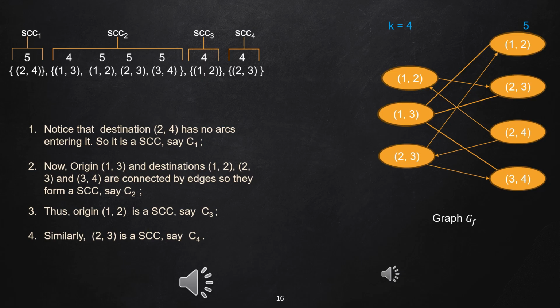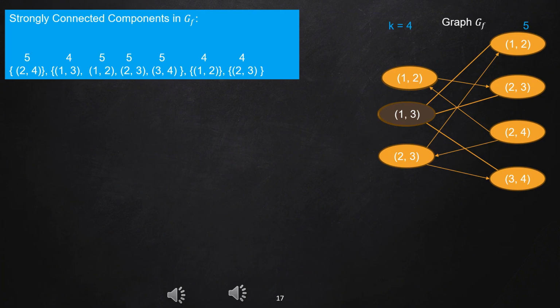Similarly, the origin node 2, 3 is a strongly connected component by itself. Thus, we have 4 strongly connected components. Next, we find the set of interfaces and the set of bridges in graph GF.